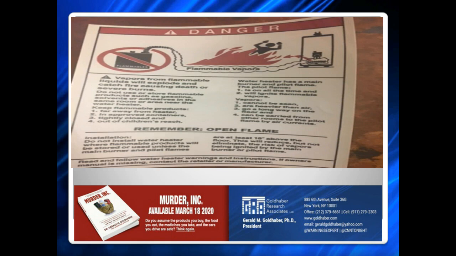Most people don't know that the fumes that come out of your gas cans and other flammable products you keep in the garage, those are heavier than air, and therefore they fall to the ground. When they fall to the ground, they creep along the ground, and guess what they're going to find? A pilot light that will light up those fumes and explode and cause a fire or damage and death.